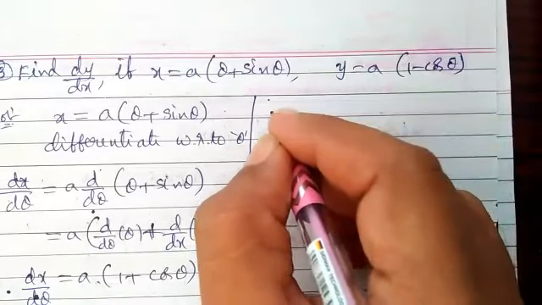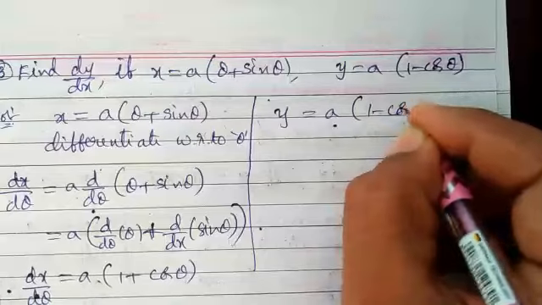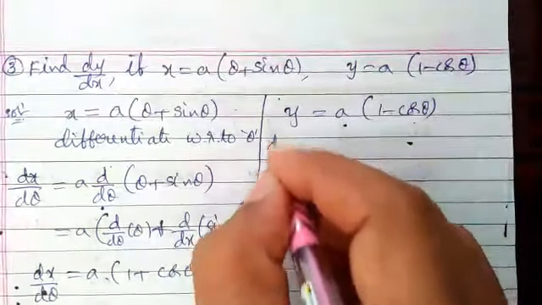This is the result of dx by d theta. Next, y is equal to a into 1 minus cos theta.